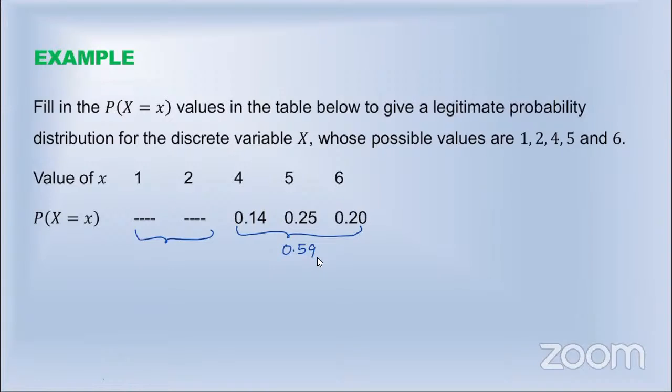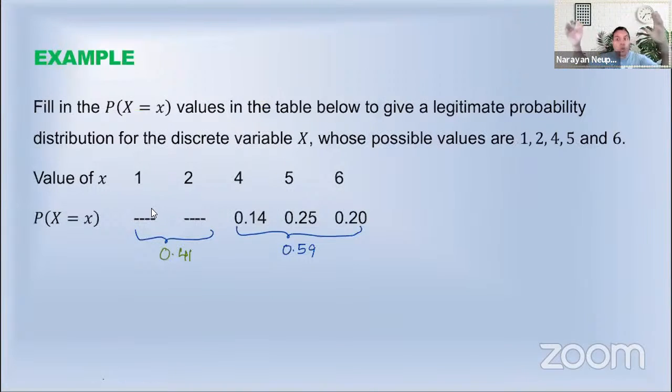That means when you find these two values, the sum must be 0.41, and each must be a value between 0 and 1. You can select your own values, but the sum must be 0.41. For example, if I say 0.20 and 0.21, that is 0.41, right?